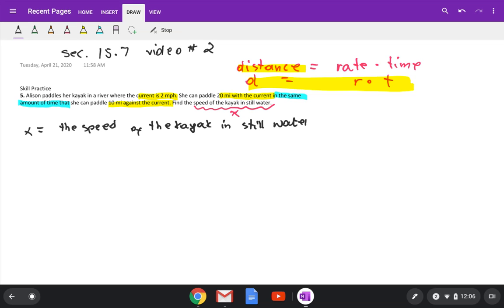I'm going to create a table, but a couple of things about this problem. Alison paddled 20 miles with the current. In the same amount of time, she can paddle 10 miles against the current.